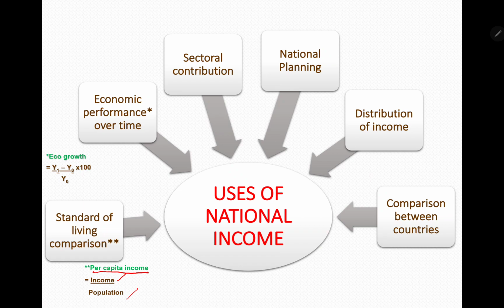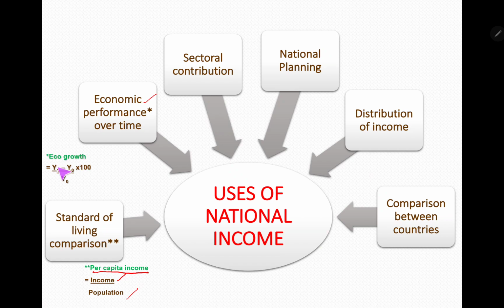Number 2, national income can be used to see the economic performance over time, because national income is calculated every year. So we can calculate the economic growth of the country. How can you calculate the economic growth? Using the formula: income this year minus income last year, over income last year, times 100.